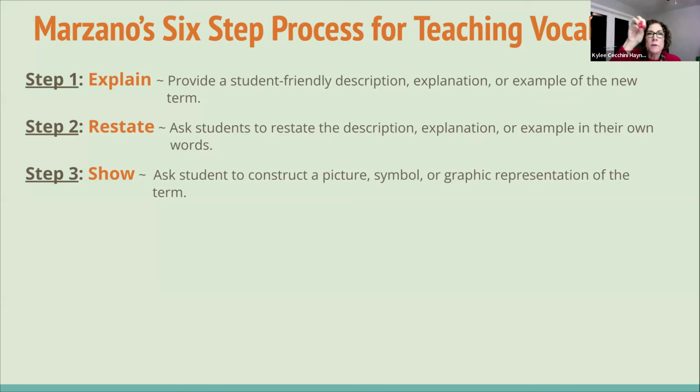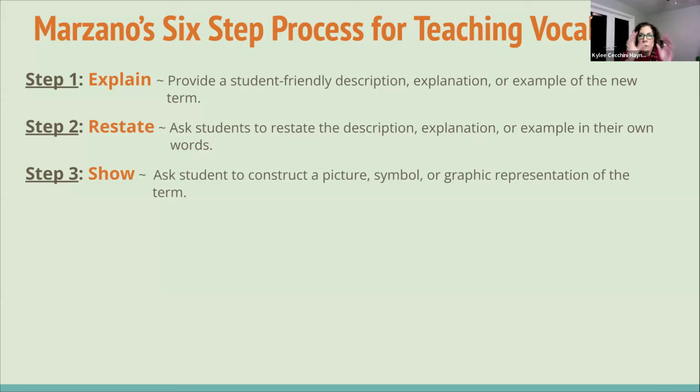On one square they define the word in their own words. In another square, they draw some graphic representation of the meaning of the word. Another square, they might use the word in context. And then the last square, they might say what the opposite of the word is, give an antonym, or they might give synonyms of that word.